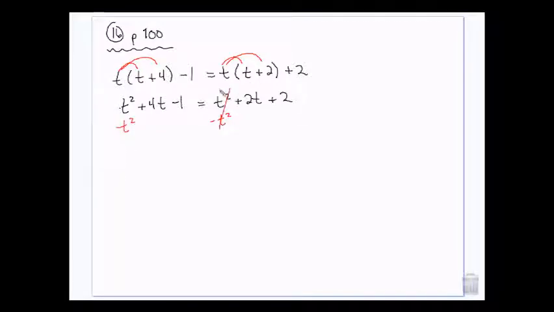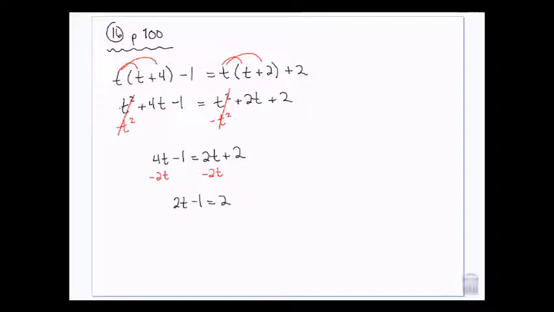These cancel because that's the one I subtracted, but then t squared minus t squared is zero, so that one also canceled. So don't let the t squareds freak you out yet. We're going to learn how to solve those next. But in the meantime, until you've learned how to solve them, they'll just go away.